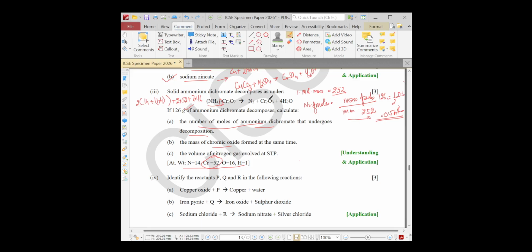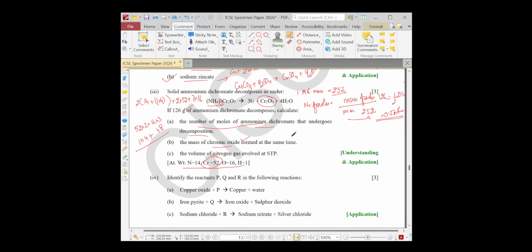Yes, this is balanced. Here it says chromic oxide, so the molecular mass for chromic oxide is 52 into 2 plus 16 into 3, so 48, and when you add, this will be 152.